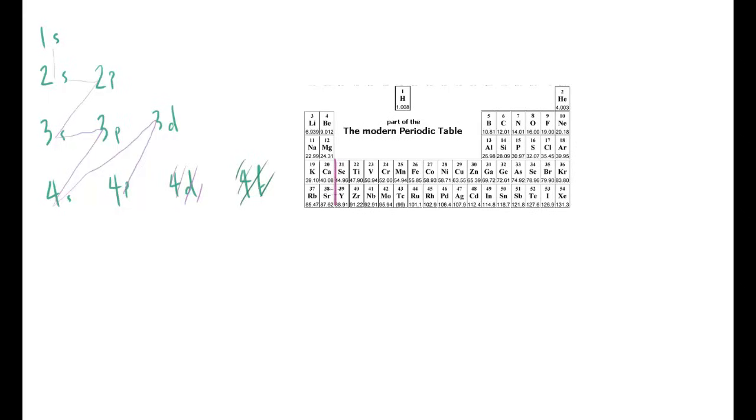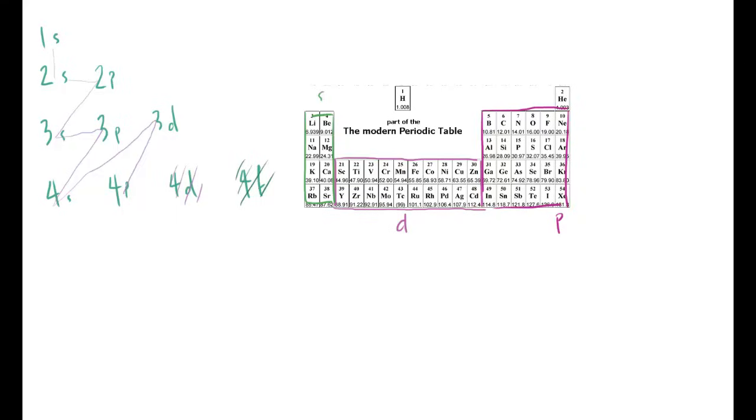So this here is the D block. This up here is the S block, and finally this one over here is the P block. So S, P and D.